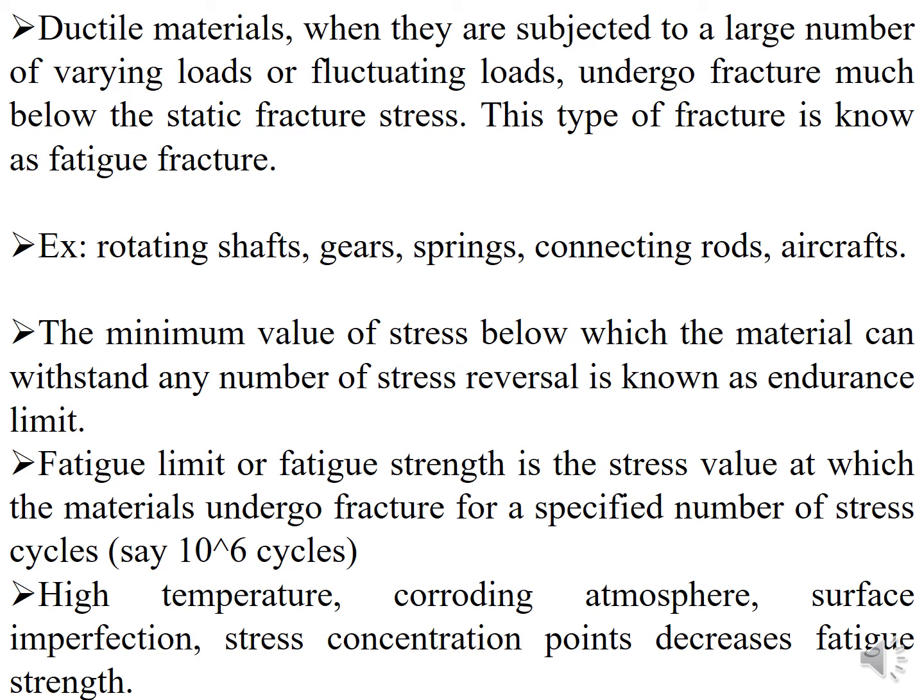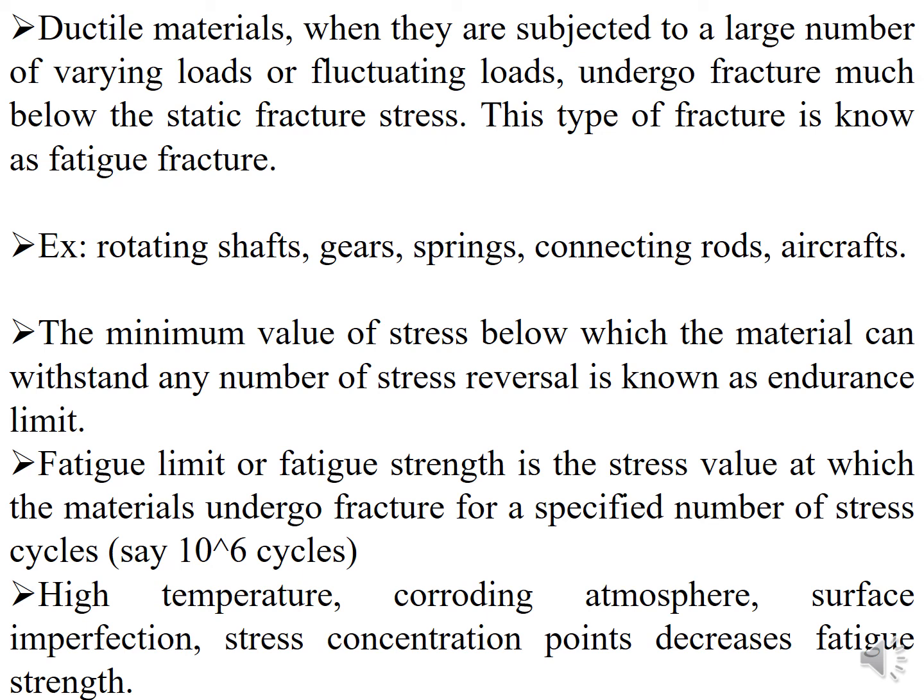The minimum value of stress below which the material can withstand any number of stress reversals is known as endurance limit. Fatigue limit or fatigue strength is the stress value at which the material undergoes fracture for a specified number of stress cycles, 10 raised to 6 cycles. So when we don't have a fixed endurance limit, we define fatigue limit or fatigue strength for the material.